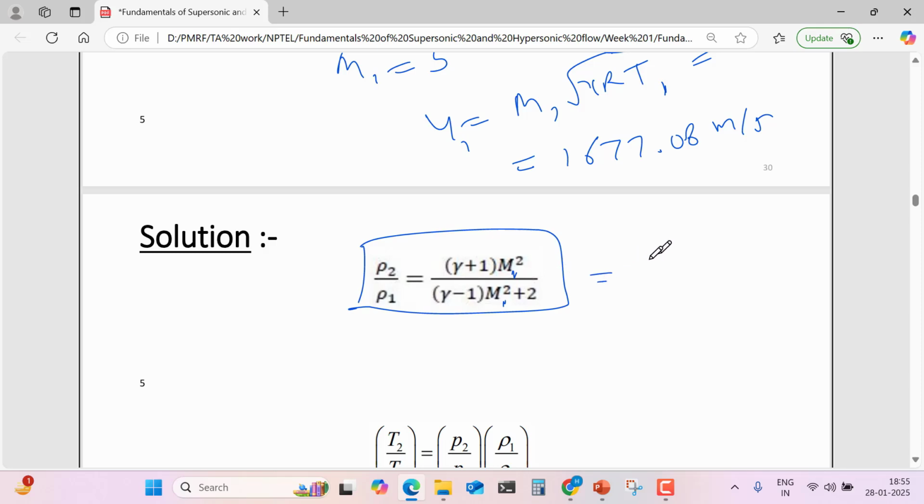We know M1, so it will be gamma is 1.4, plus 1 into 5 square upon 1.4 minus 1, 5 square plus 2. It will be, this rho 2 by rho 1 will be 5.